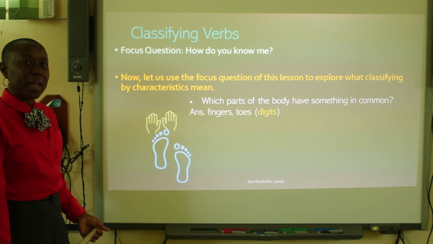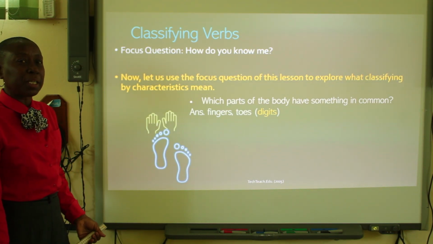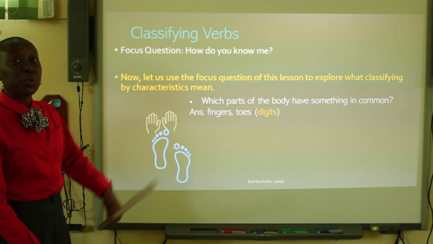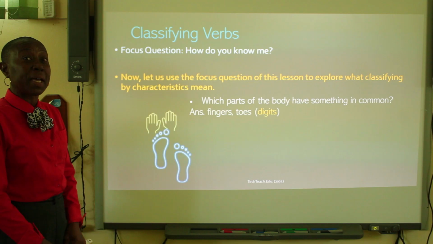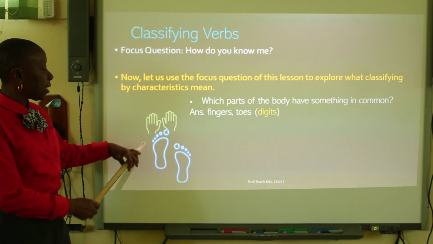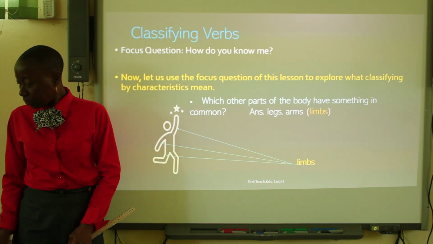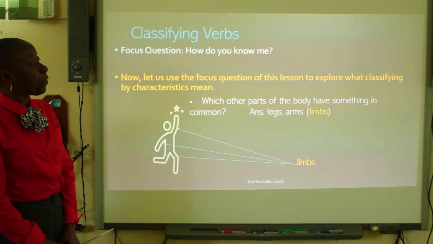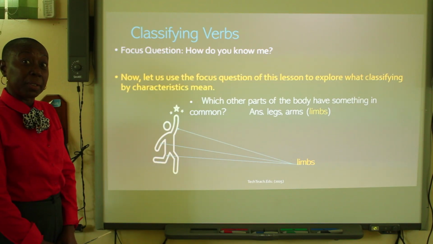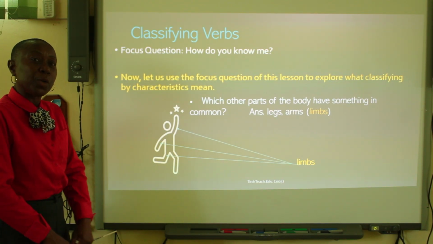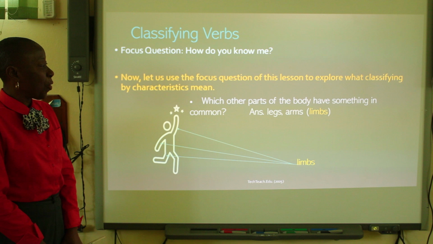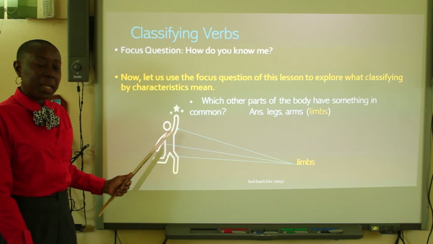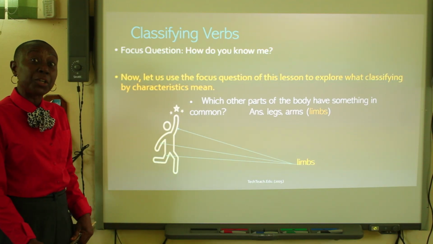We are classifying the different parts of the body. Remember, we're focusing on how do you know me. So you know that I'm a person because I have 10 fingers and 10 toes. Now, what other parts of the body have something in common? That's how we classify. We group things in common. Okay then, the limbs. Your hands and your feet are called your limbs.